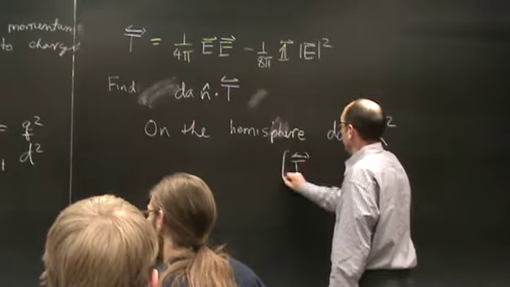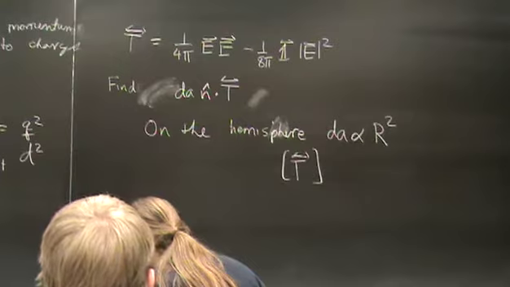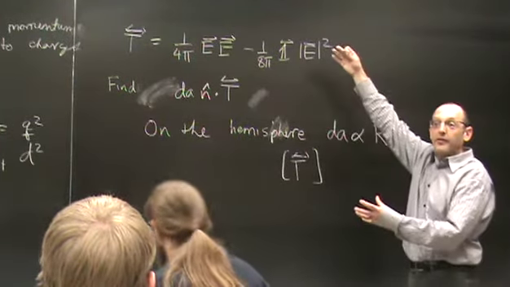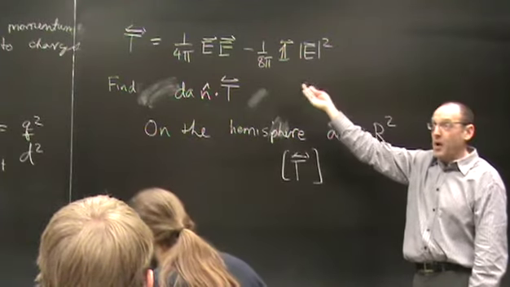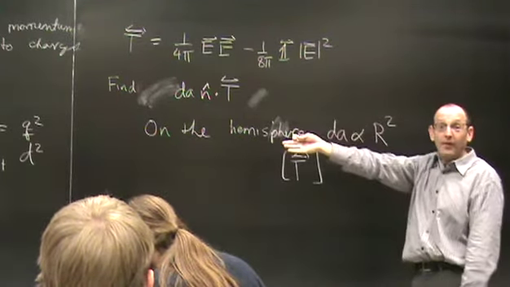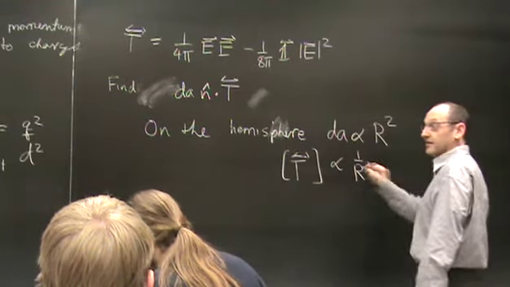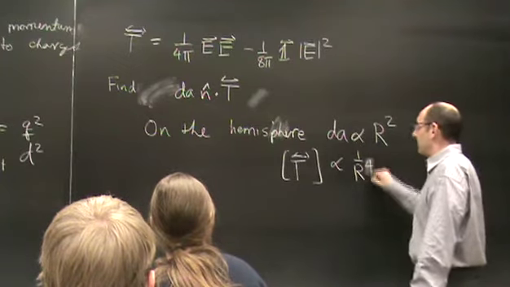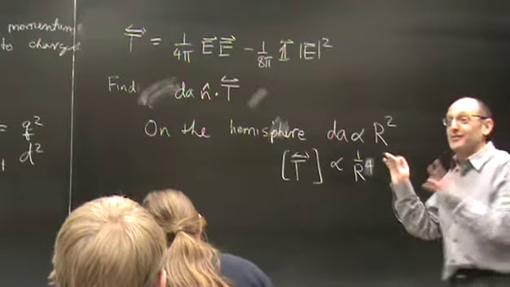How does that scale with r? Well, as we get far enough away, the fields fall off like 1 over r squared, right? Because of the monopole. We got the square, so this goes like 1 over r to the 4th.